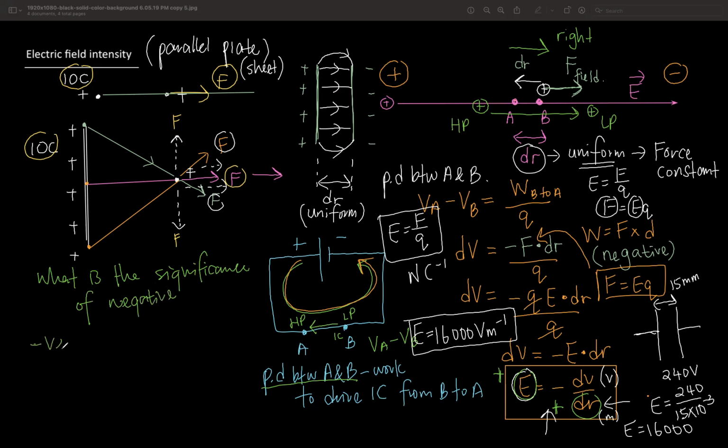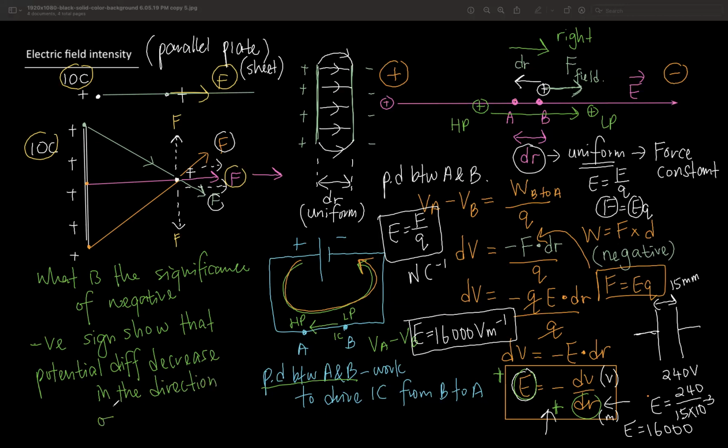Okay, then you write the negative sign shows that the potential decreases. Actually it's the same: potential difference decreases in the direction of E. Okay, so that's how you answer.